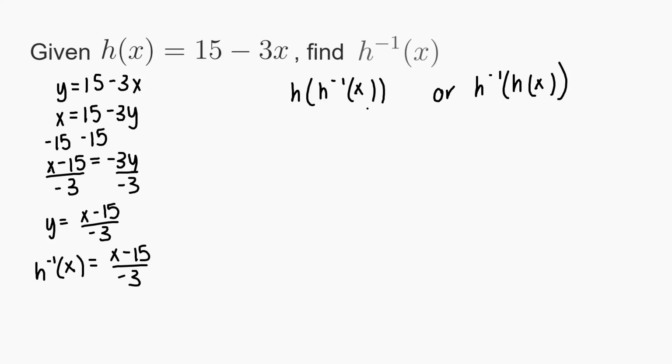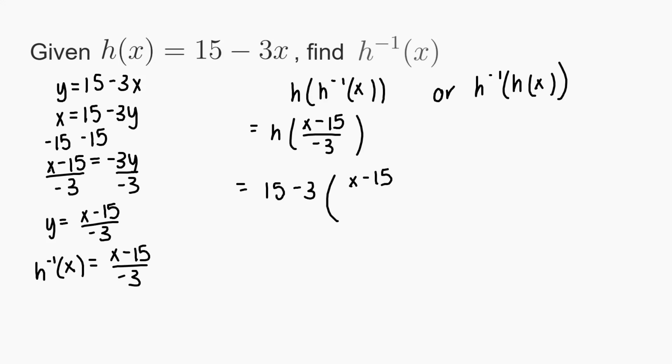Why don't we just check this one for fun? So this is going to be h of x minus 15 divided by -3, which is equal to 15 minus 3 times x minus 15 divided by -3.